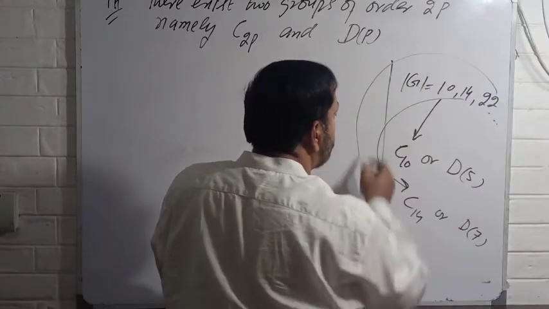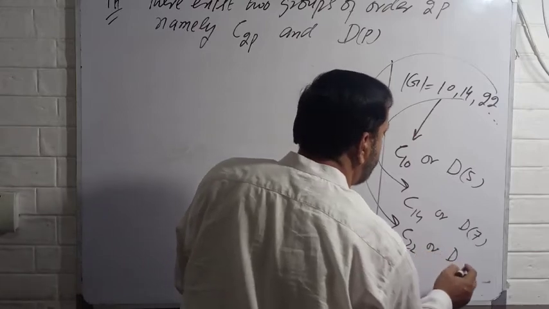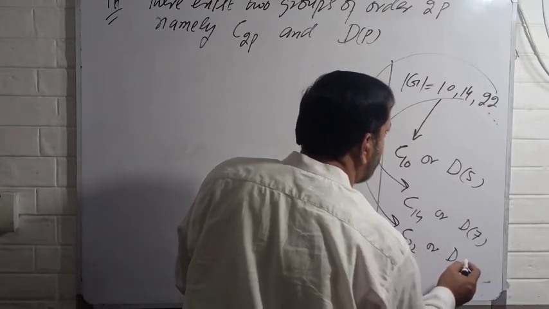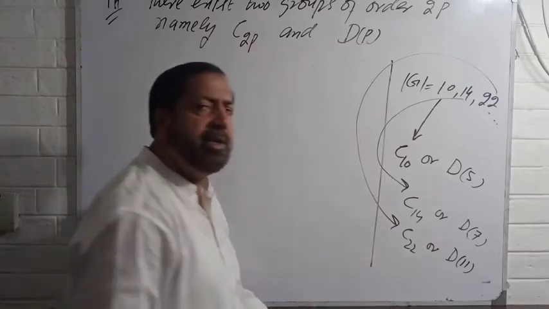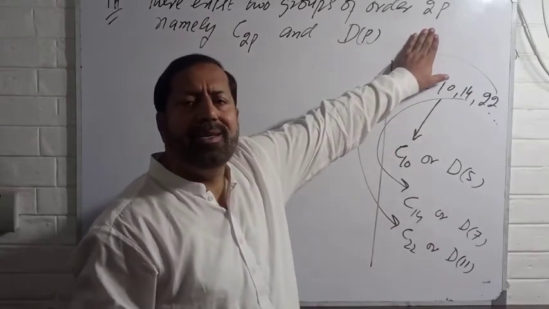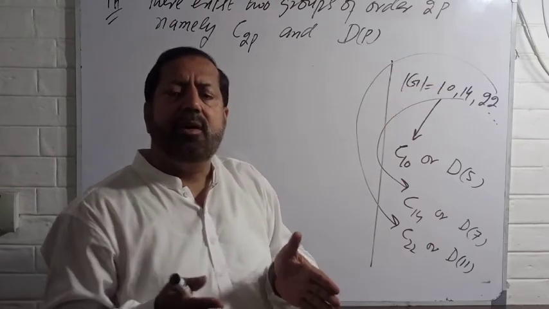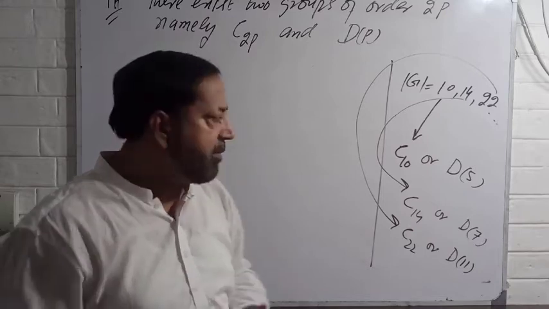And for 22, either you have C22 or you have D11. So this means that any group of order 2p is either isomorphic to C2p or it is a dihedral group Dp, right?